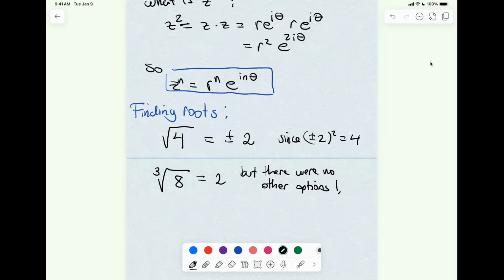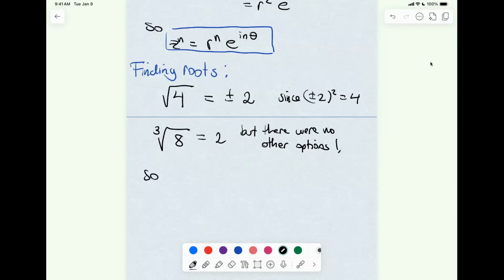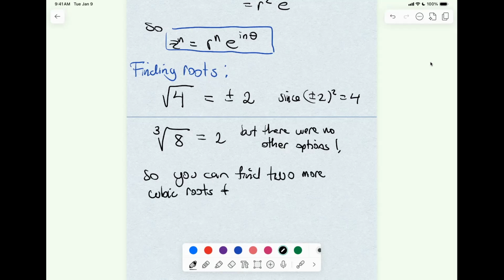You can find 2 more cubic roots of 8, but they are complex numbers.